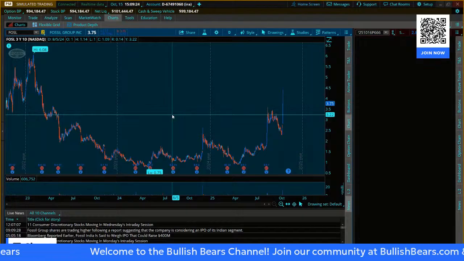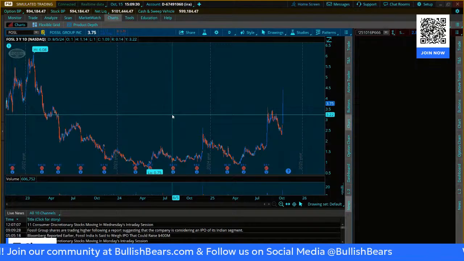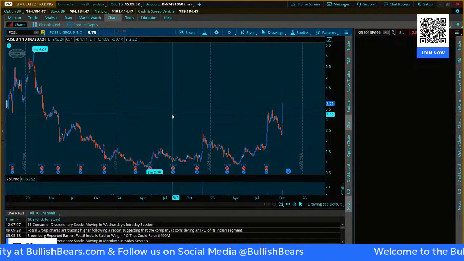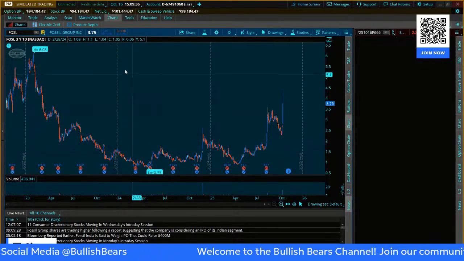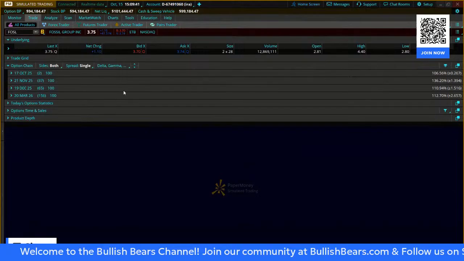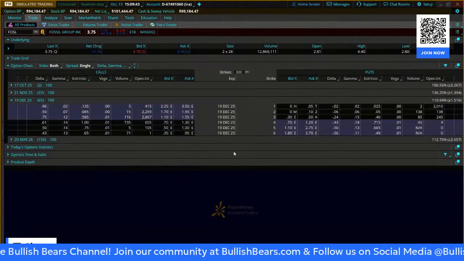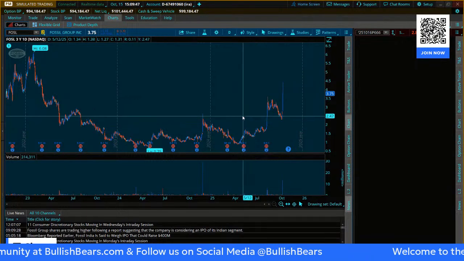Just getting to 5 would be fantastic. I'm looking at trying to pick this up around $2.50, so a 100% move from 2.50 to 5. I like it. And it also doesn't have options. Well, it has options, but they are poor.